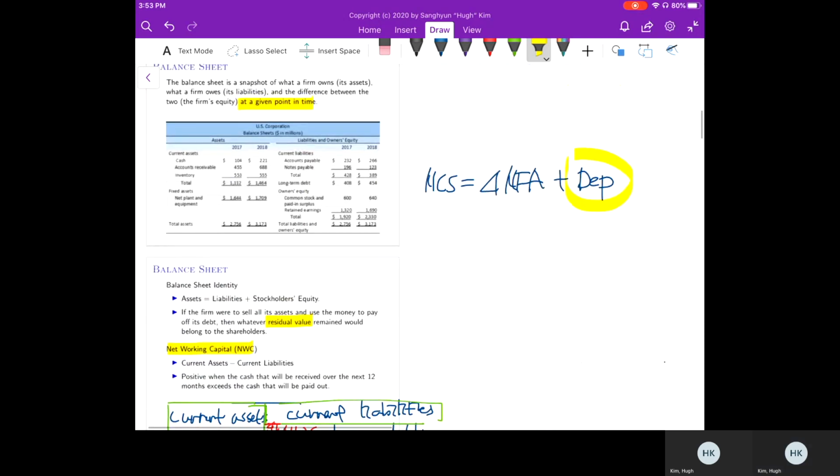Okay, so that is 65. And for the change in net fixed assets, we have to see here. Net fixed assets is here. So the change in net fixed assets is 1709 minus 1644, plus depreciation 65. Okay, so net capital spending is, I believe, $130.